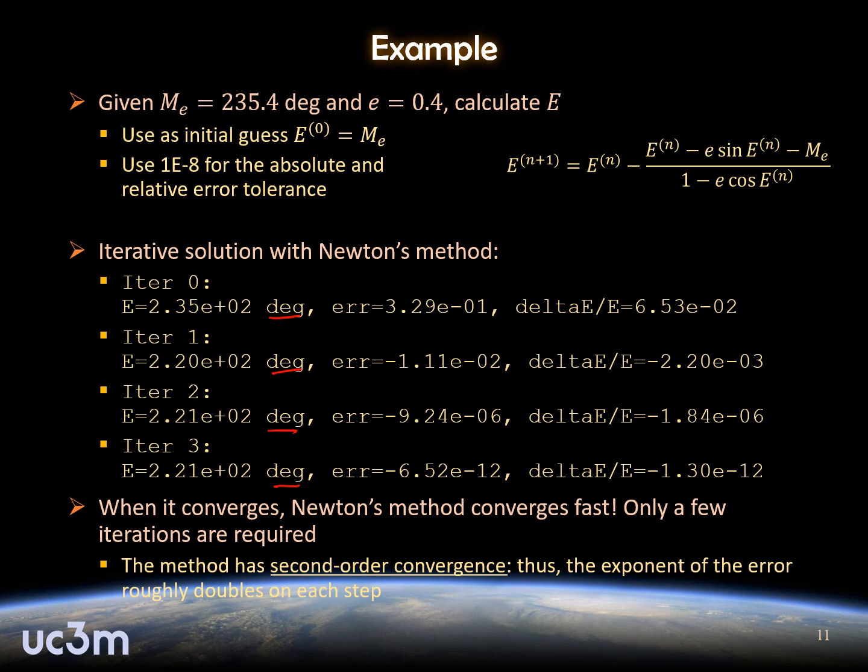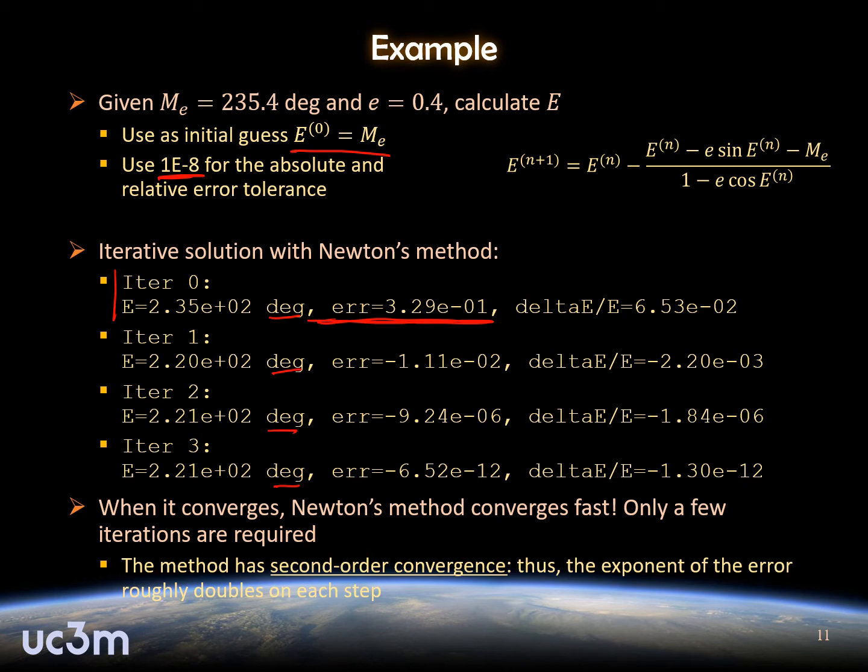So for our initial guess, the error is quite large. We have something in the order of 3 times 10 to the minus 1, and so the error is clearly larger than our expected tolerance, so this is not a good enough solution.